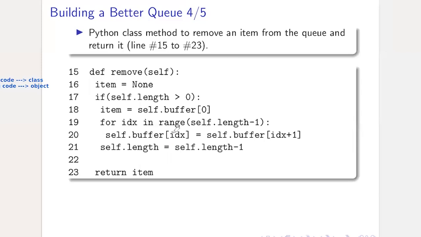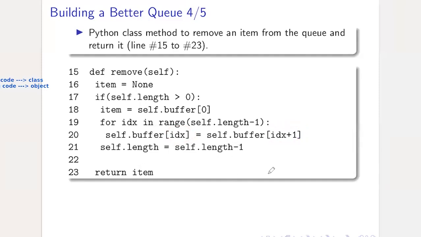I will loop from 0 to whatever the length minus 1, and I will put into the 0th location what was earlier at location 1, and the item at location 1 is the item that was previously at location 2, like that. So everything gets shifted. This is the shift operation.